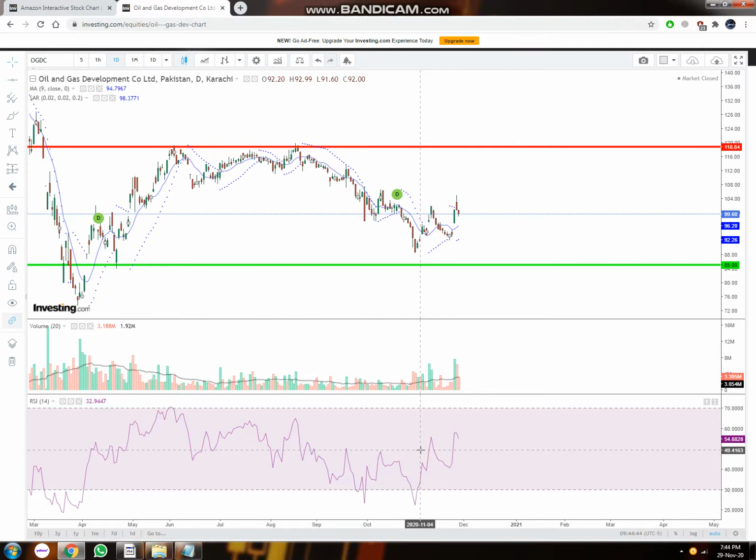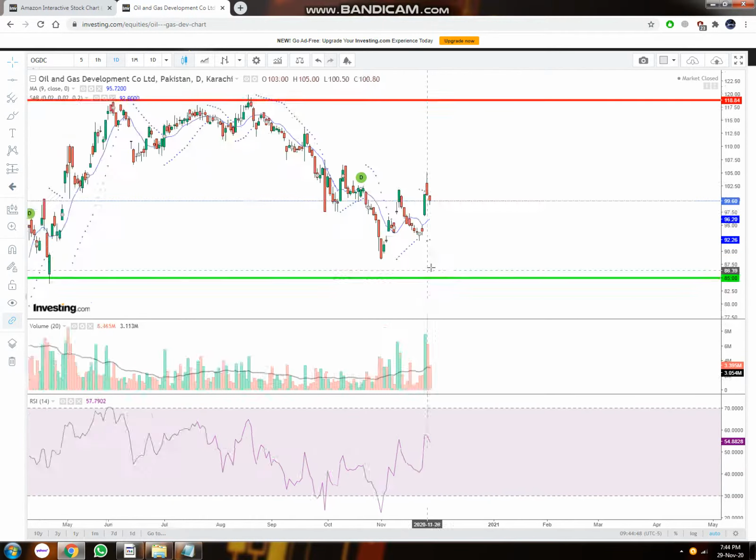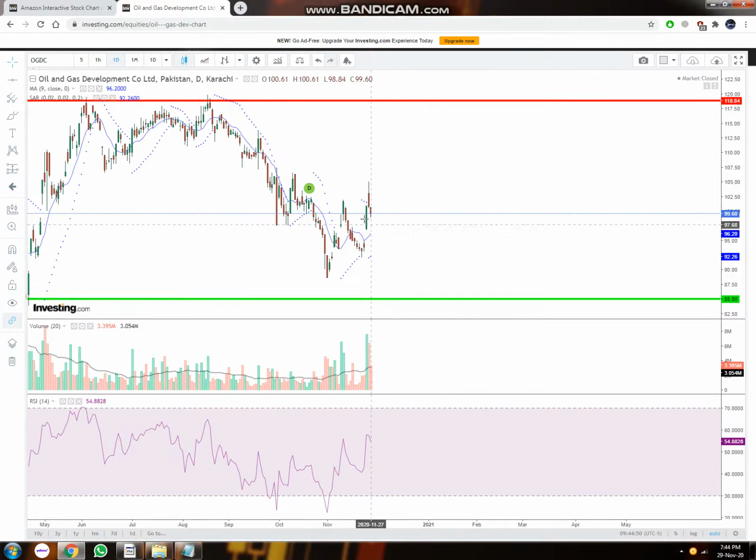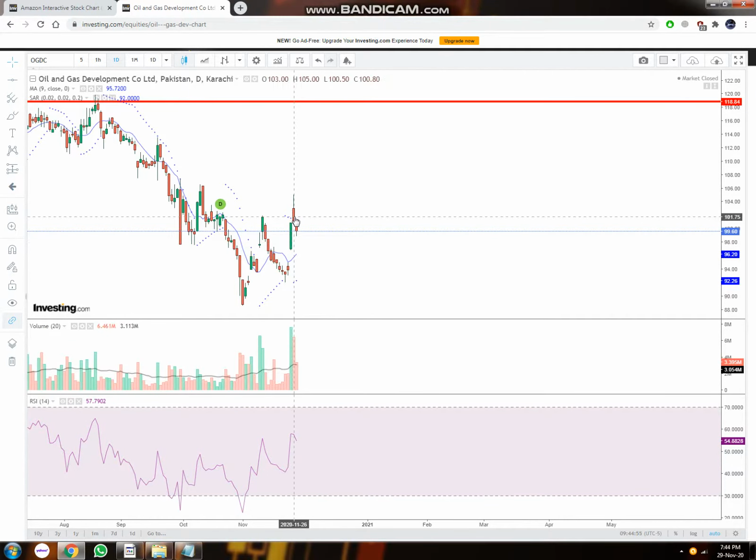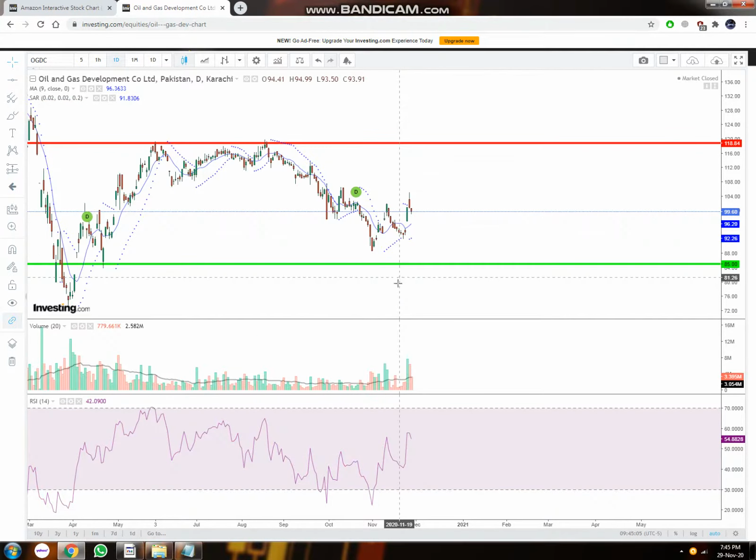So in this case you will use your own judgment of where the overall trend is heading. You can see here a strong bullish candle against a strong bearish candle. Now we will have to wait for the other candlesticks to show us where the overall market is heading.